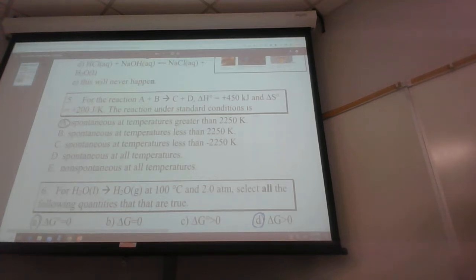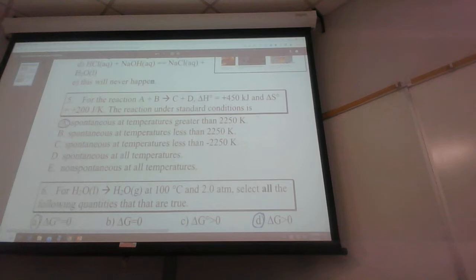And T, and then delta S. This is unfavorable by 450 kilojoules, but this is favorable by 0.200 kilojoules per Kelvin.